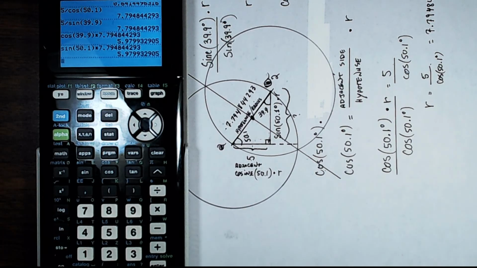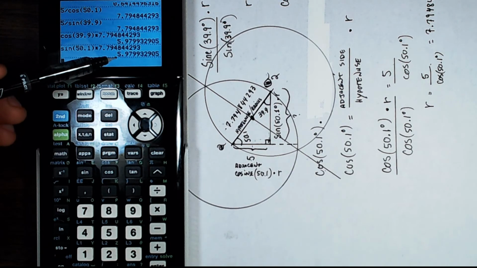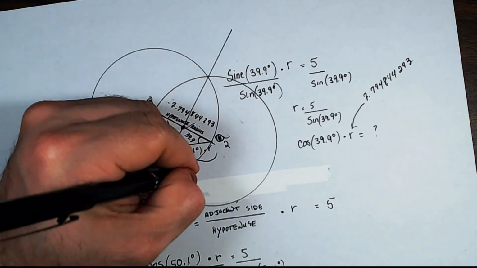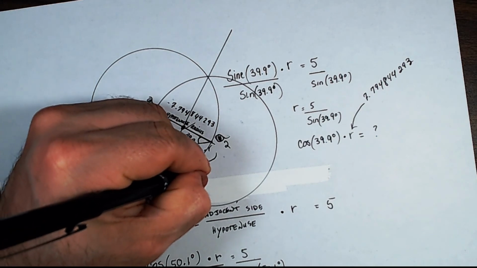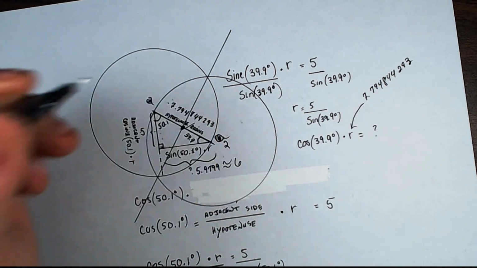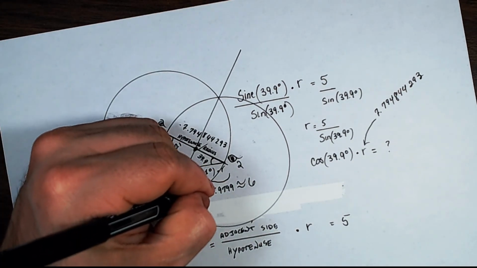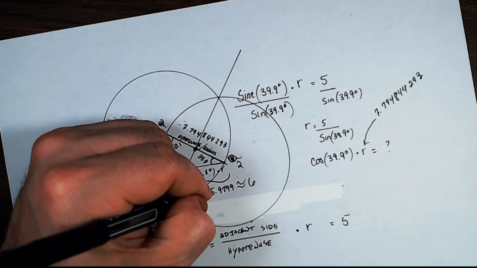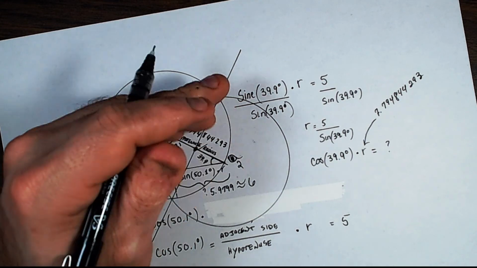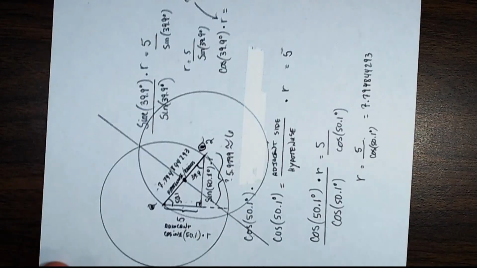And again, it gives 5.9799. So in both cases we're getting 5.9799, which rounds to 6. I don't know why they didn't just leave it as 5.98. I guess their significant digits are just 2, so they're rounding it to 6. It's inconsistent. All right.